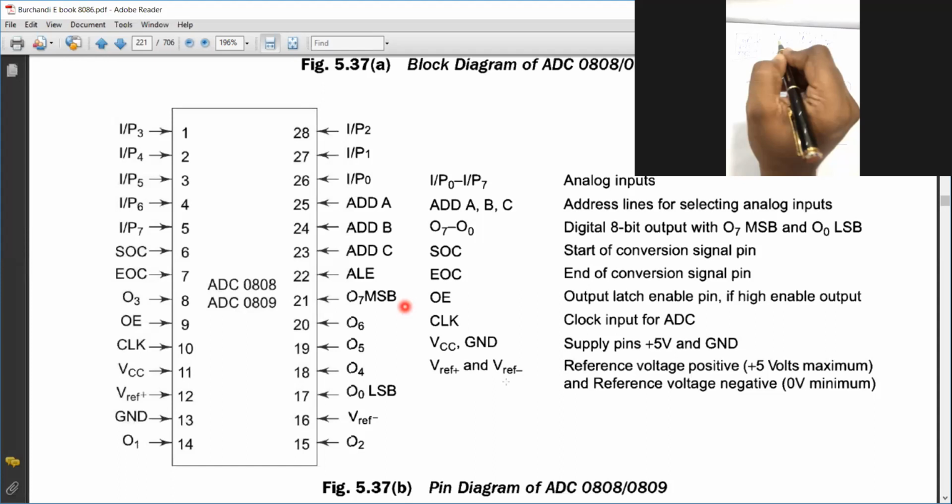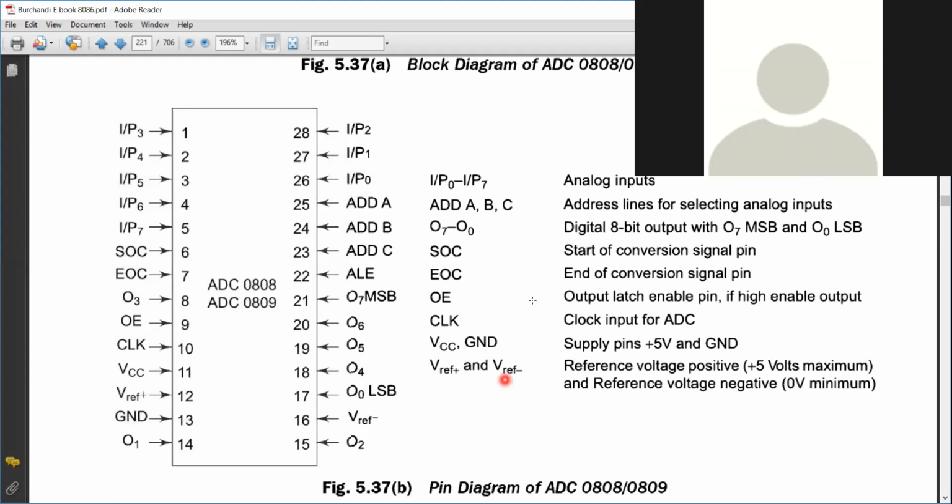How will the microprocessor understand which temperature it is? I mean, according to the temperature differences, the voltage or millivolt will come. So according to that input, I think the microprocessor will understand the temperature.